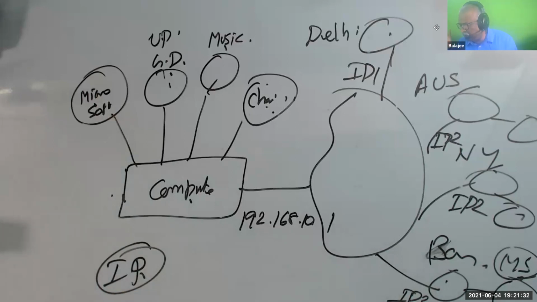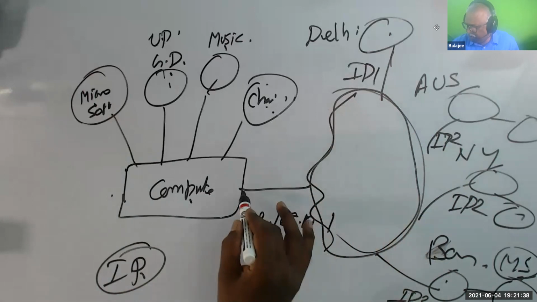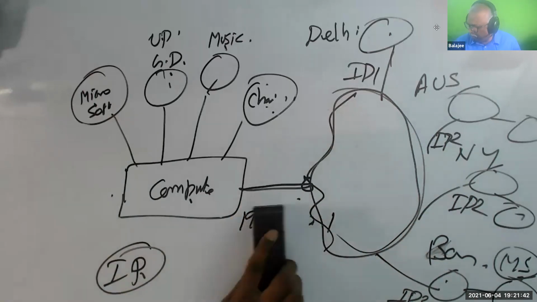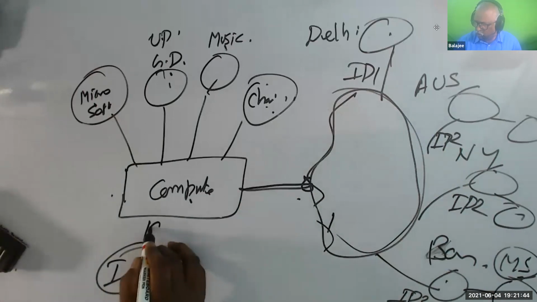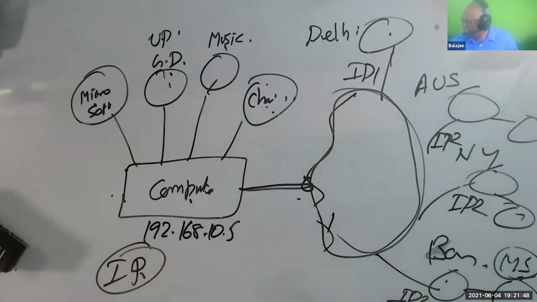Now what I'm trying to convey is very clear. The moment you connect to the network, if you send something, it will go to anybody. Let us assume my IP is 192.168.10.5 and the Microsoft IP at Bangalore is 10.15.25.35.